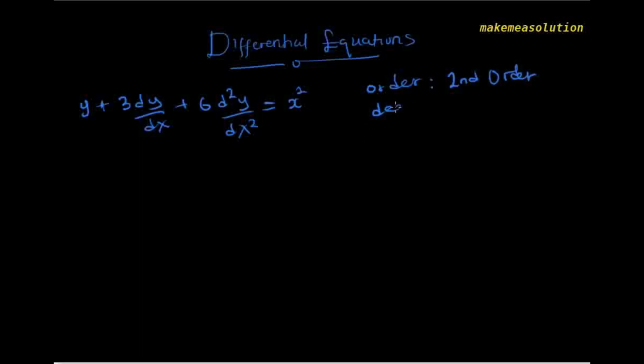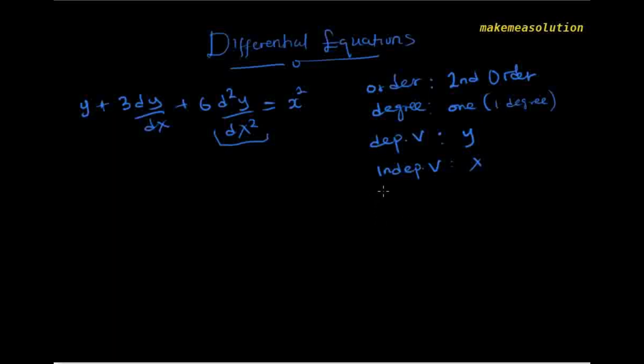The degree is the power of the highest derivative. So we have d squared y by dx squared as the highest derivative. The power surrounding this particular term is also 1. So this is a second order, first degree differential equation. The dependent variable is y, in the numerator position, then the independent variable is x again.